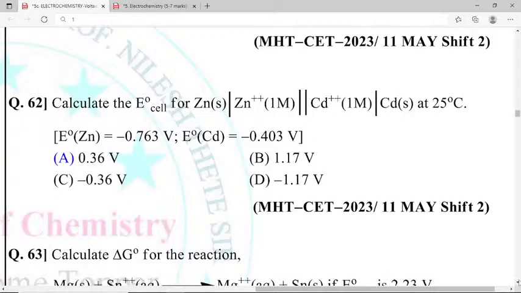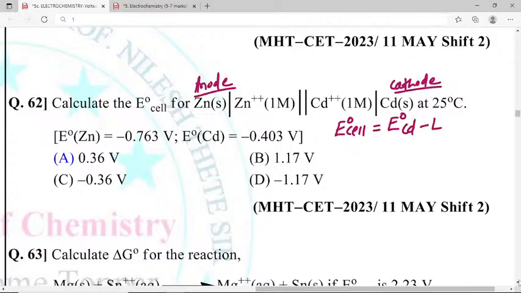Again E naught cell. So this is the anode. This is the cathode. Cadmium as a cathode. So E naught cell is equal to E naught cathode. So what is the cathode? Cd is the cathode. E naught zinc is the anode. So what is the value for cadmium?